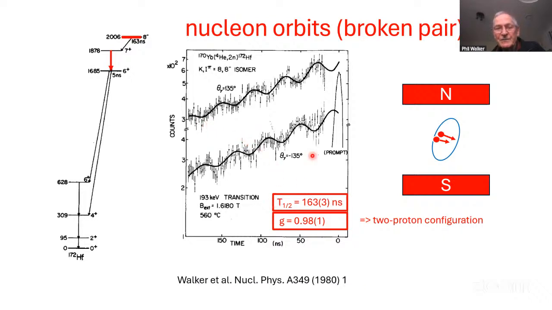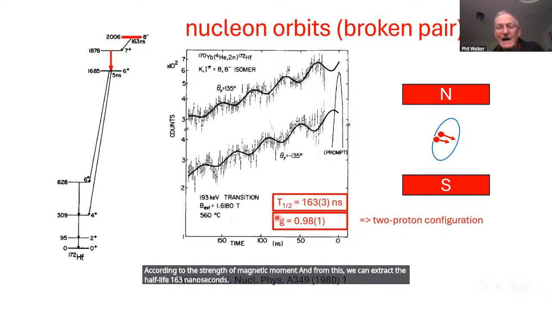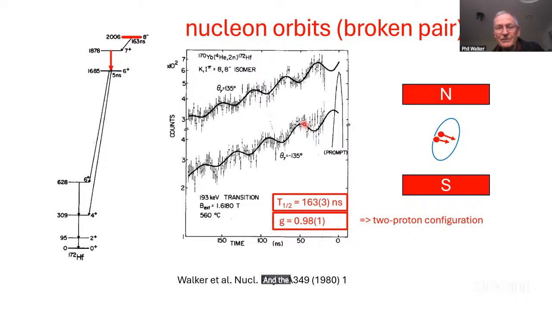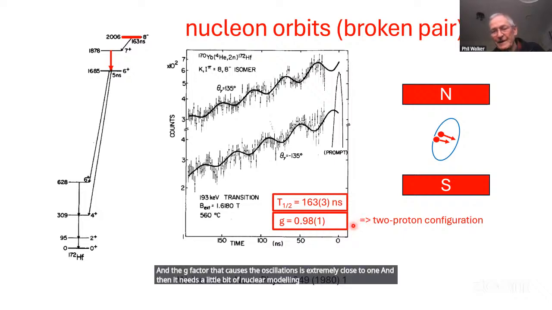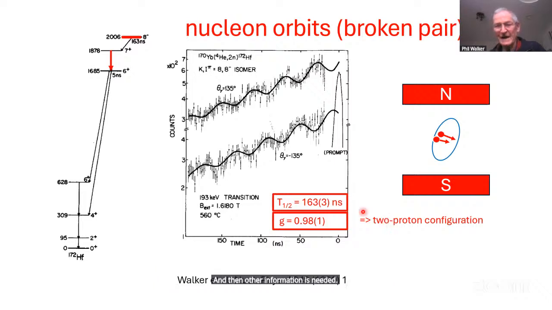From this, we can extract the half-life, 163 nanoseconds, and the G factor that causes the oscillations is extremely close to 1. Then it needs a little bit of nuclear modeling, but this clearly is not coming from the neutrons, which are uncharged. It's a 2-proton configuration. And then other information is needed to tie down the quantum numbers of the protons in more detail.